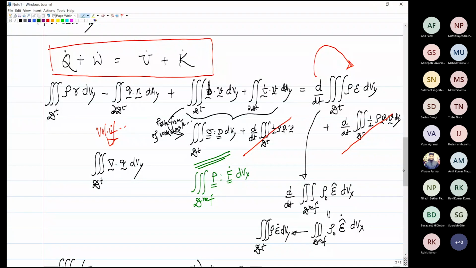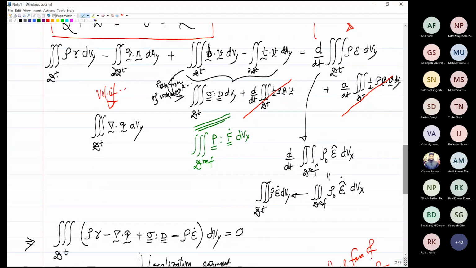And this part you are already seeing here. It's rho naught epsilon dot dvx, epsilon hat basically.